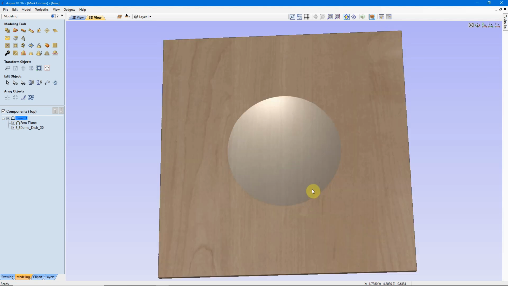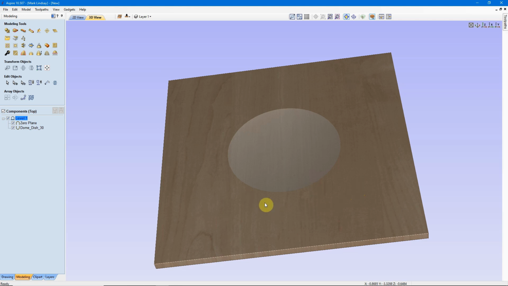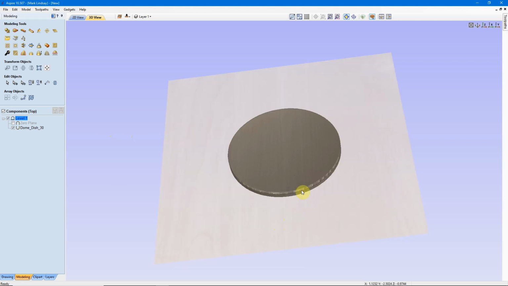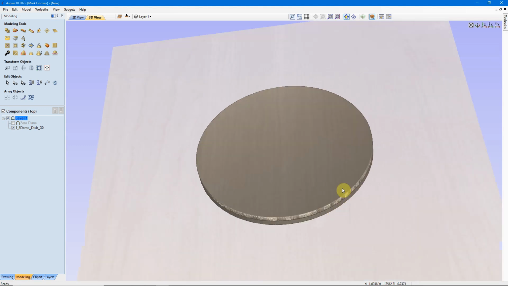The zero plane gives you that representation to show you how that is going to look once carved, rather than just a solid disc sitting on top of the modeling plane with jagged edges still all the way around the model. That's a very basic, very simplified overview of the difference between the zero plane and the modeling plane.